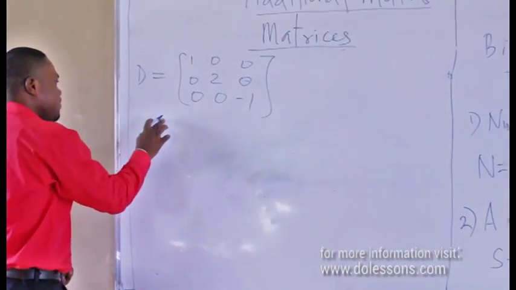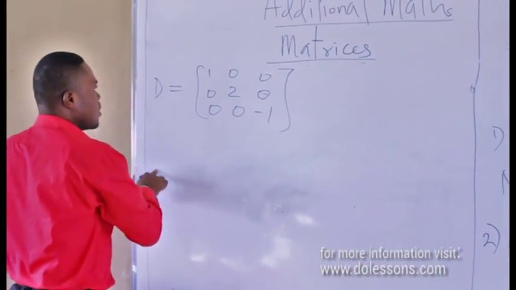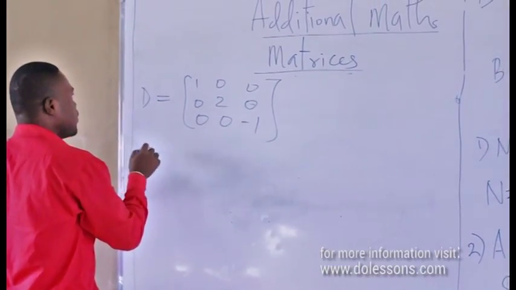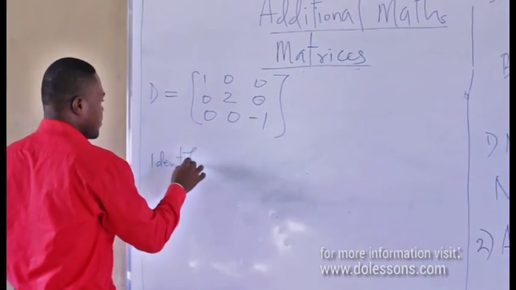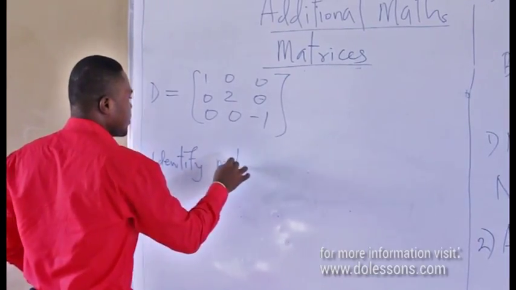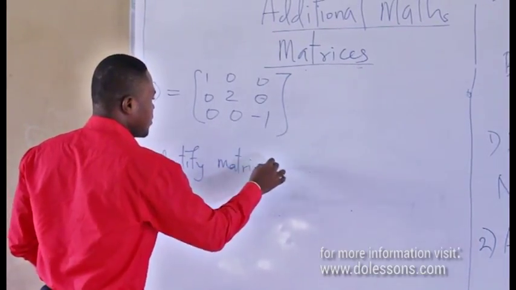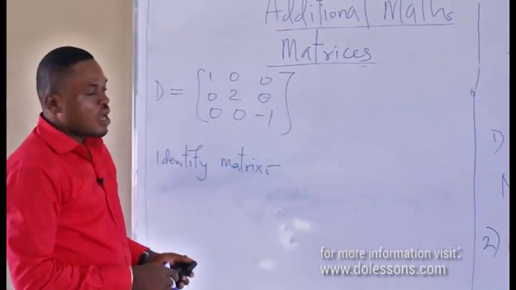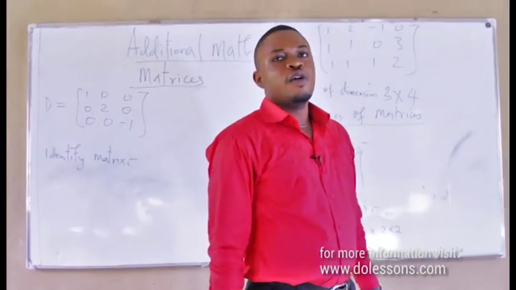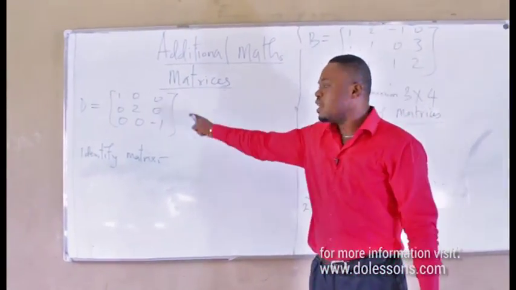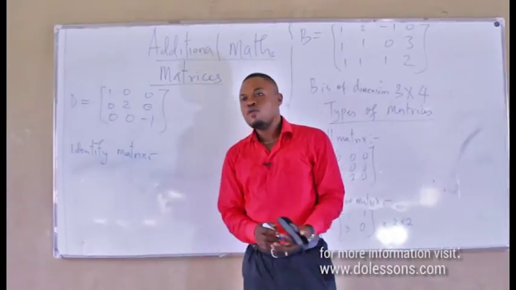We also have an identity matrix. An identity matrix is a diagonal matrix for which the elements in the leading diagonal are 1.